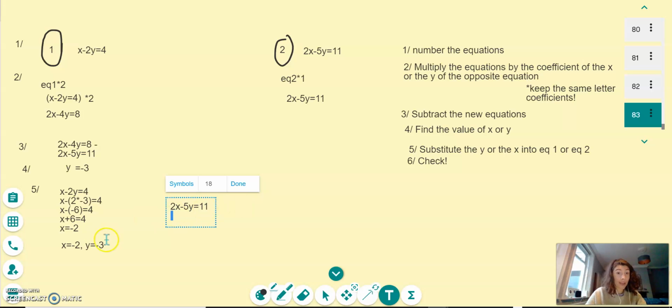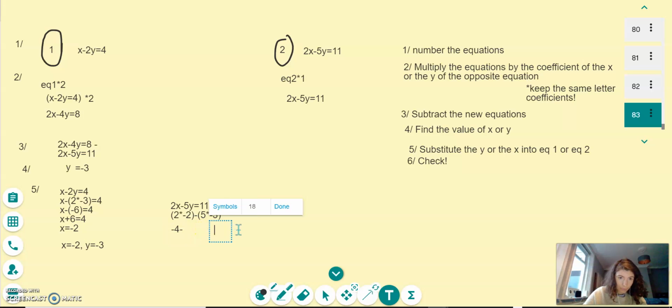Substituting our values that we found for x and y into that, we have 2 times minus 2 minus 5 times minus 3, and that is going to get us minus 4 minus minus 15, which is minus 4 plus 15, which equals 11. So that works. And that's your check.